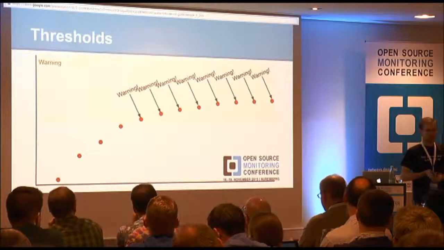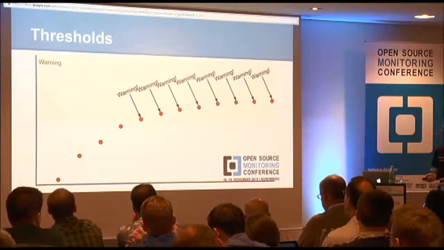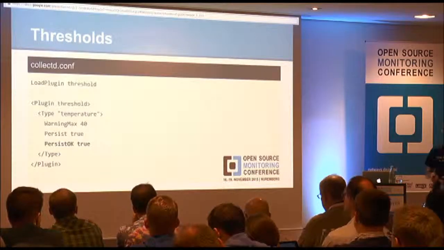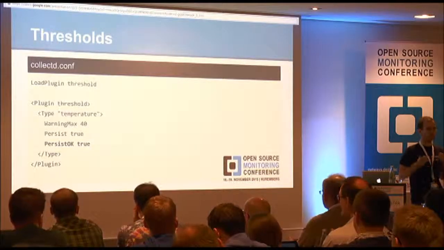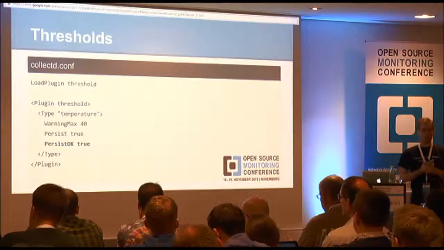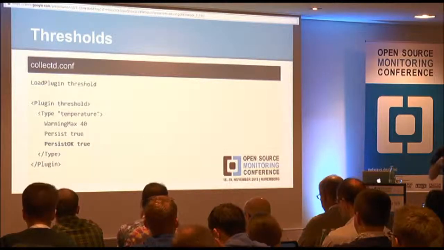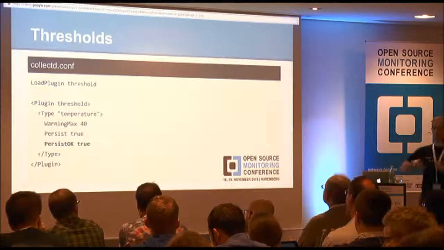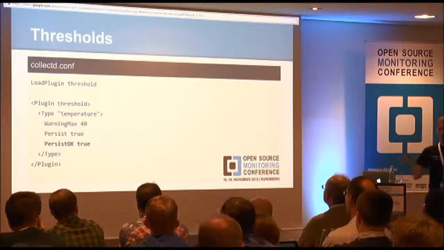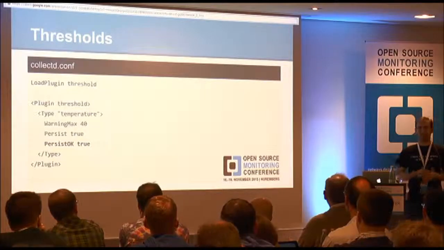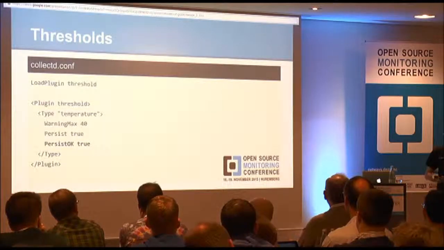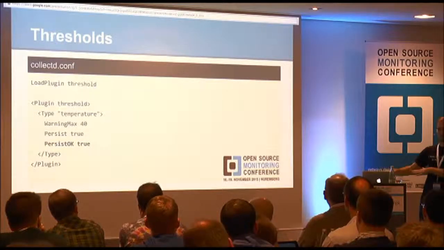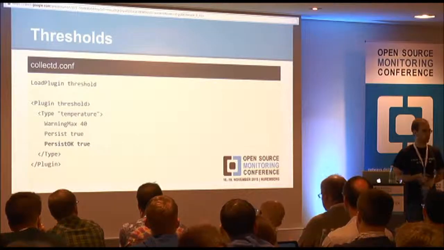Also, depending on your setup, it might be useful to have the same behavior for the OK notifications. That may mean that you will get a huge number of notifications. If every single metric you have, and the vast majority of them is hopefully OK, produces an OK notification, you have to be aware that this is happening and your system has to cope with this.